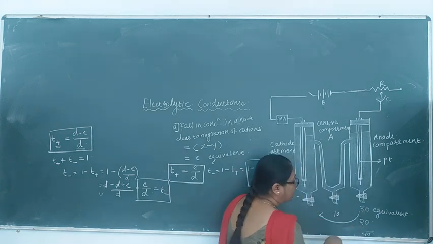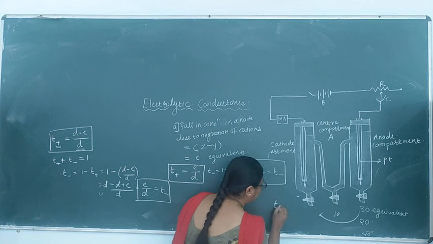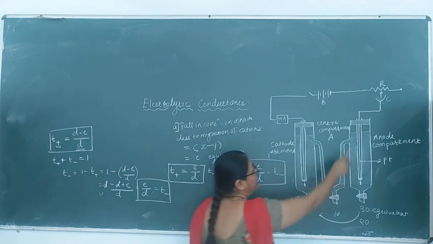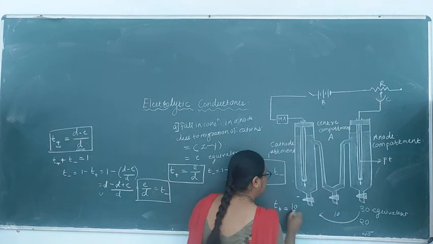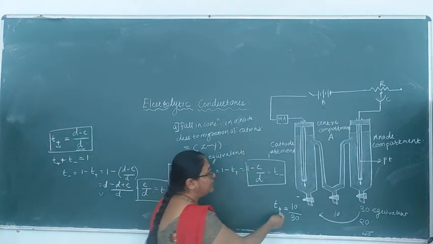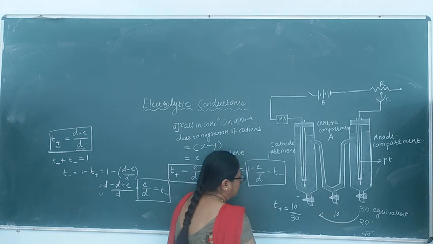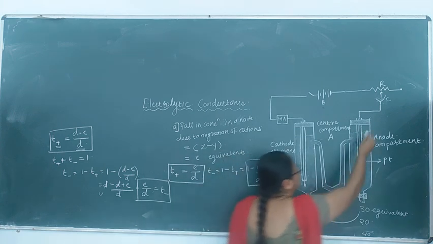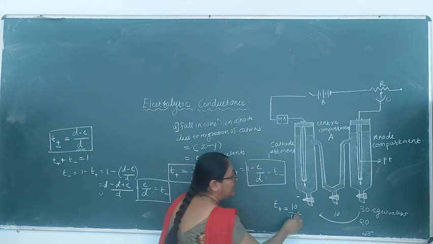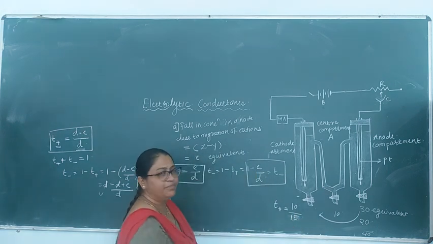That means to calculate T plus, T plus is equal to 10 divided by the total equivalents carried, if they are 30. So simply T plus, the total equivalents transported, that number if you divide you will get T plus.